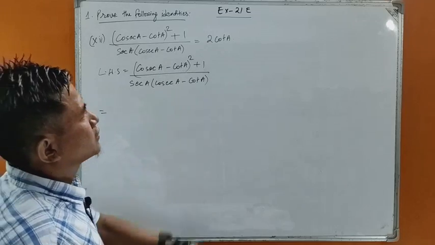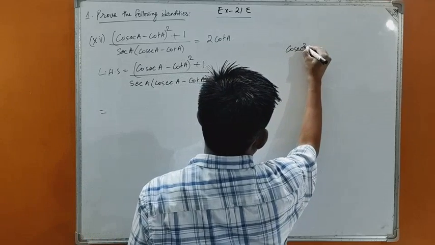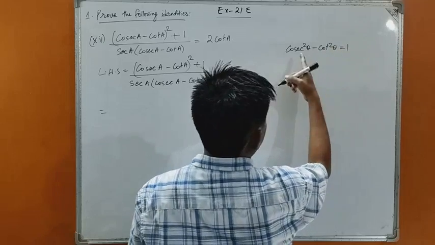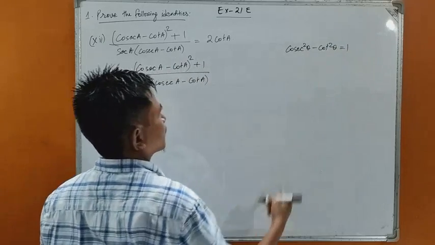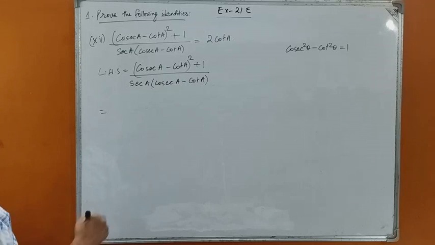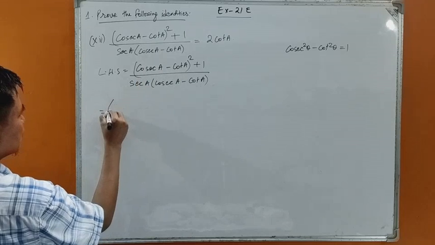Now 1 means you can write cosec square theta minus cot square theta instead of 1, isn't it? So instead of this one, I'm going to write cosec square A minus cot square A. Okay, so let me copy this as it is.